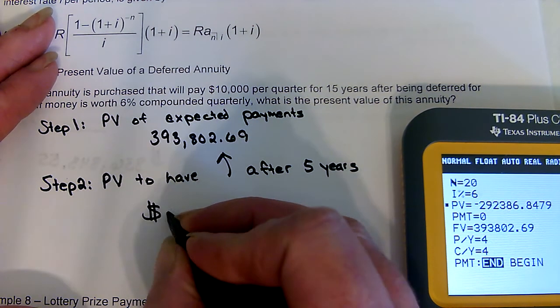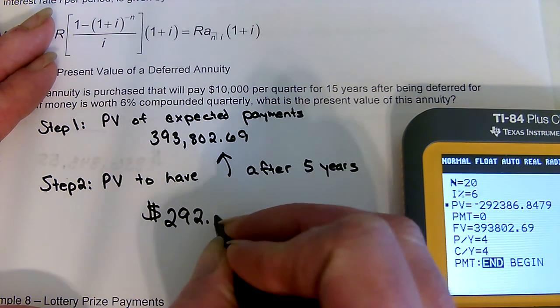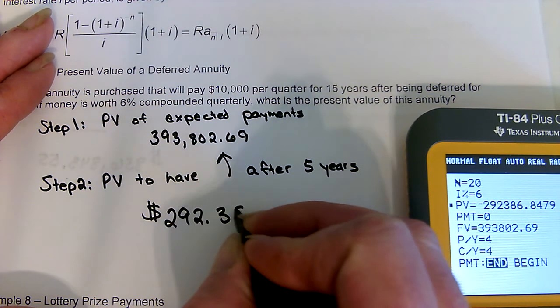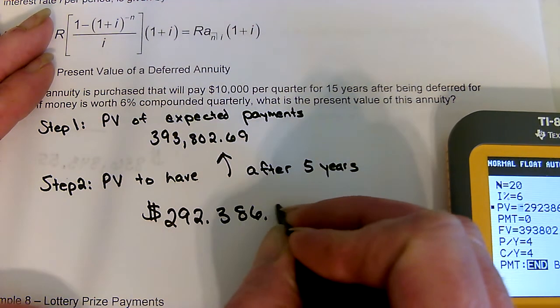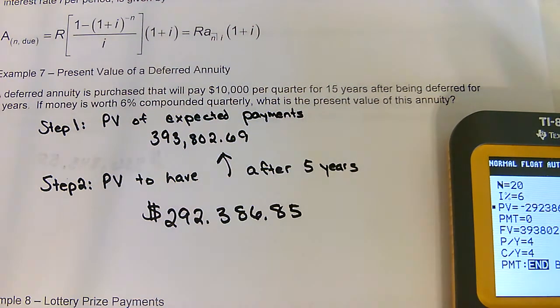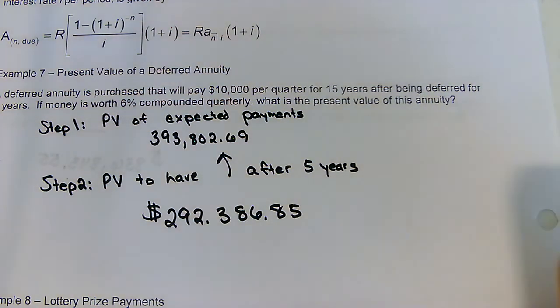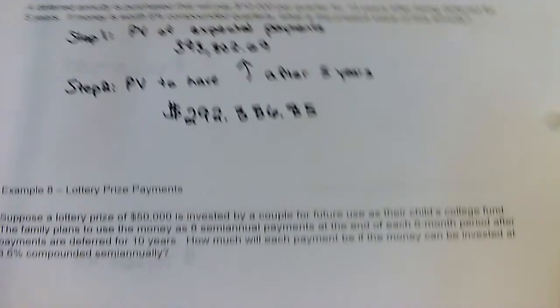And I got $292,386.85. So that's the present value of an annuity that would give you that.